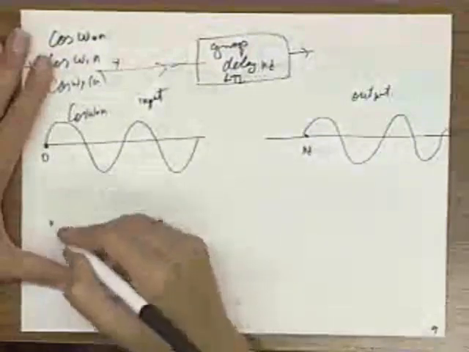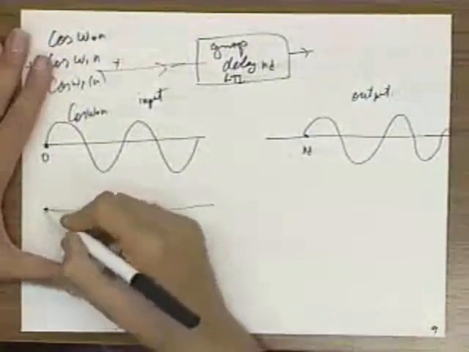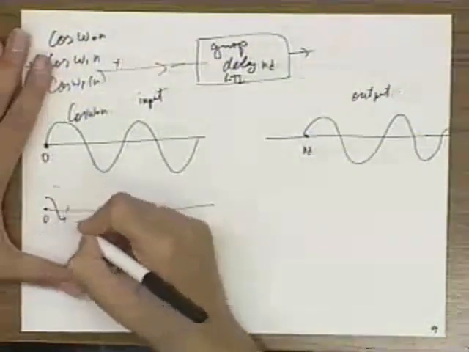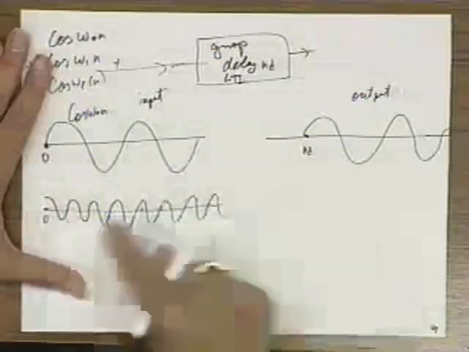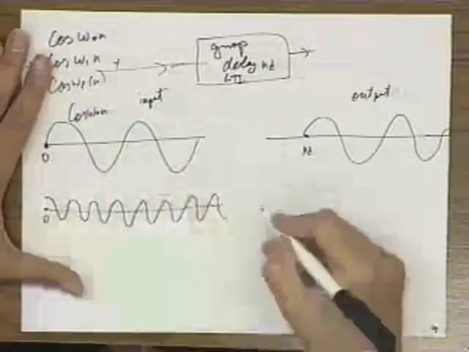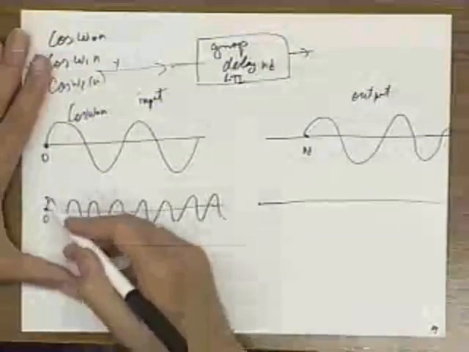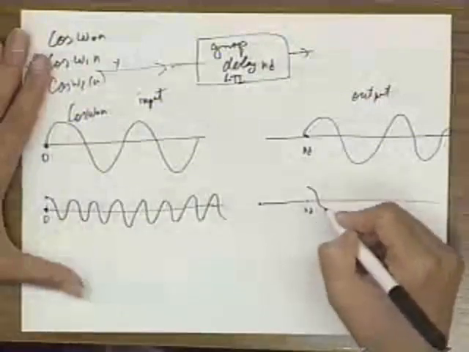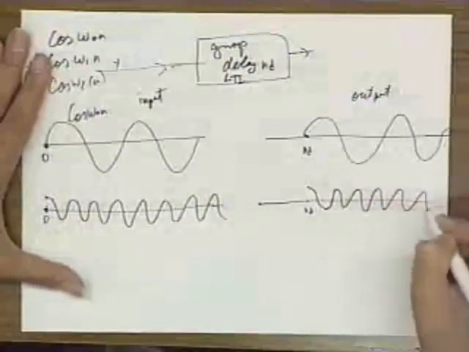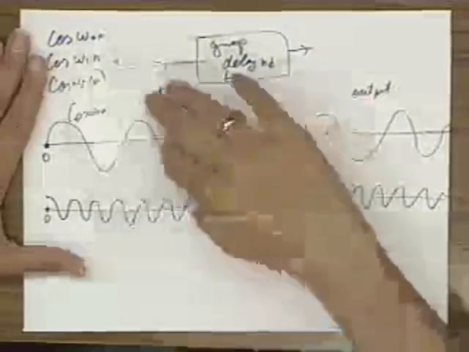This is the input, and this column is the output. And cosine omega 1n, let's say, starts at time 0, and it does this. It's a slightly higher frequency, and I'm terrible at drawing pure cosines, but assume this is a pure cosine. And how does this come out? Well, it just gets delayed. So if at time 0 it was at a peak, now at time n sub d it's at the peak.